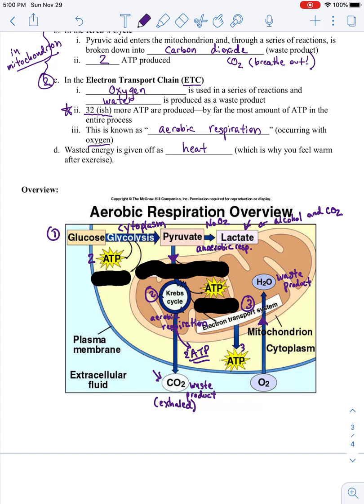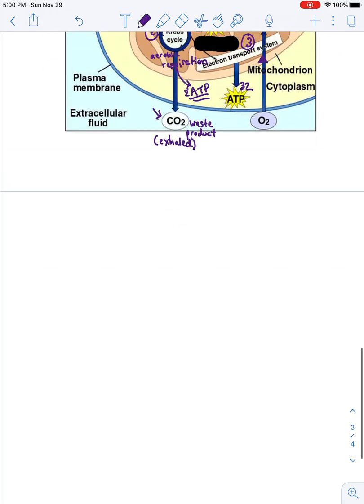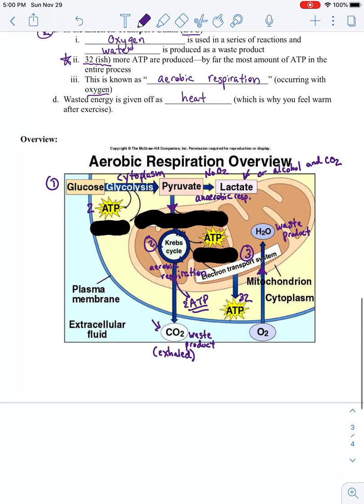But 32 more ATP are going to be produced in the ETC. So when you sum up all the steps together, and again, this is approximate, it's going to be roughly 36 ATP from all the steps combined. And that's our summary of cellular respiration.